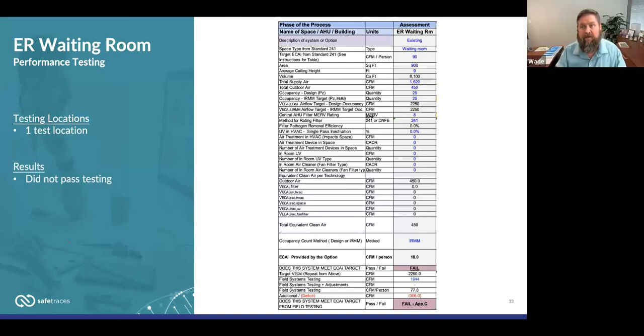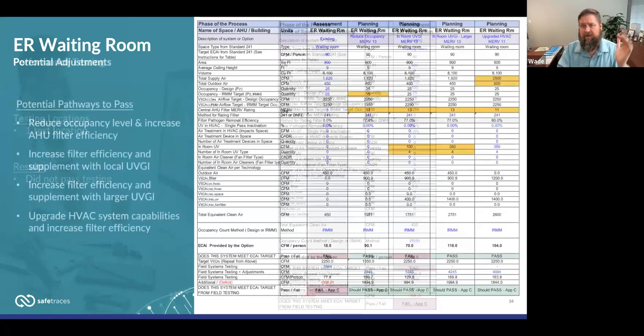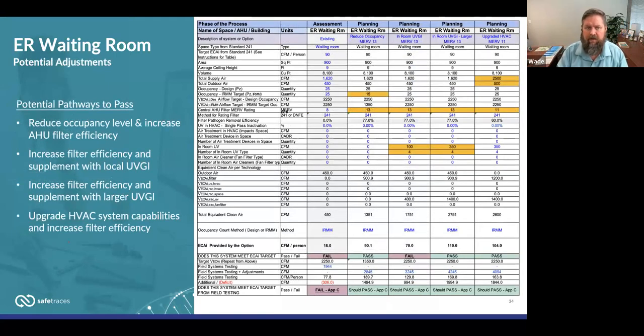Yep. And then on the next one, we walk through the same thing where you're seeing the entire equivalent clean air calculator. Anything in gold is a value that was changed, right? So as you go down each column, you can see we've made some adjustments. So the first option, if you will, is going to 15 people and a MERV 13 filter, and it passes the calculator.